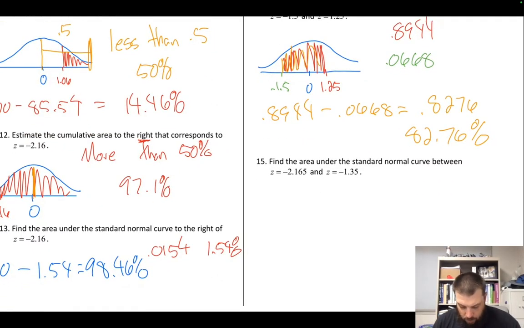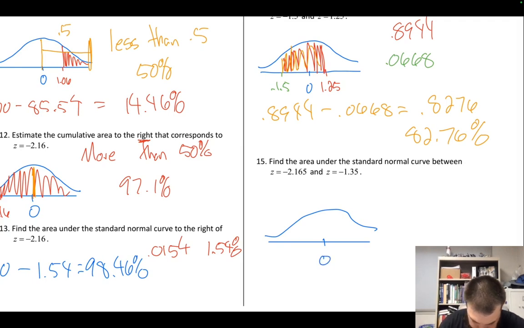All right, so let's do that one more time. We got 0. I got a negative 2.1165, so I'm going to round that to 1.7.